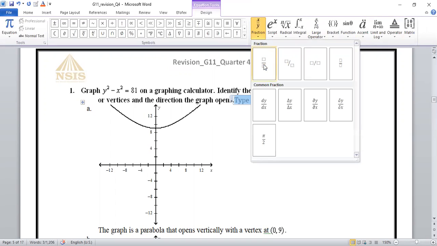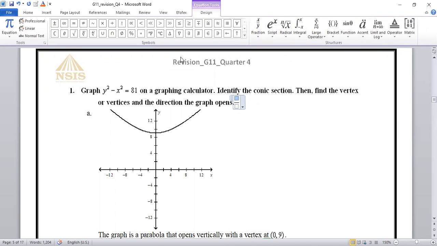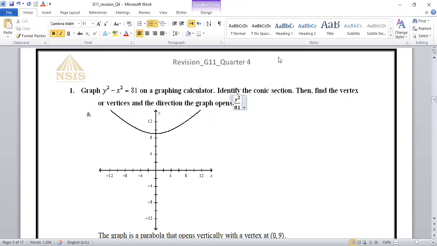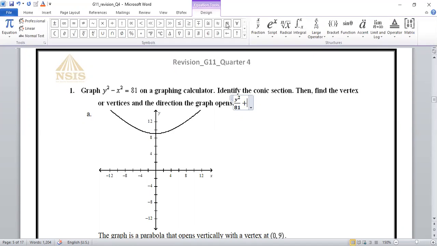So we get y square over 81 minus x square over 81 equals 81 divided by 81 equals 1.